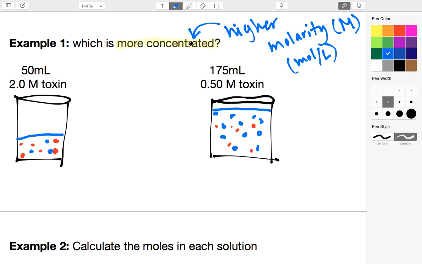So if I'm looking at just concentration, then I'm looking for whichever one has the higher molarity, right? Capital M stands for molarity. This is a higher concentration, so it's a higher molarity. So the 2.0 molarity toxin is the more concentrated toxin because the molarity is higher.